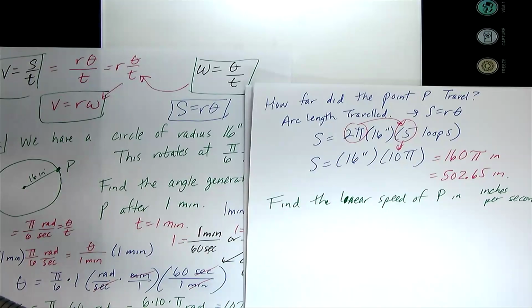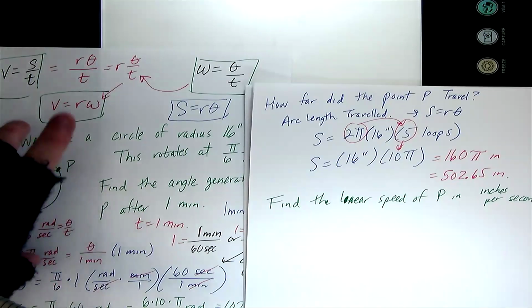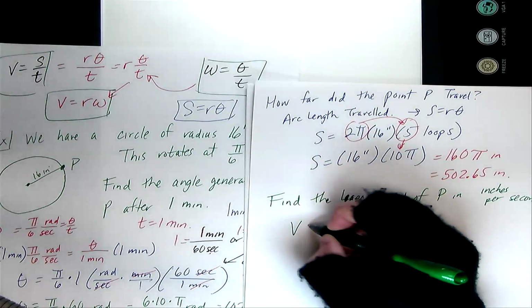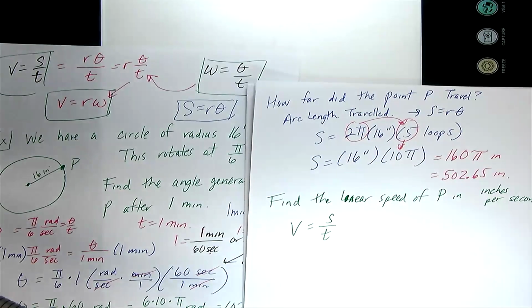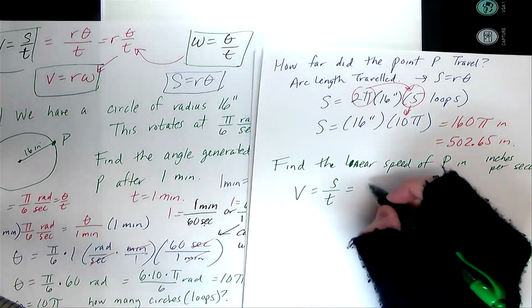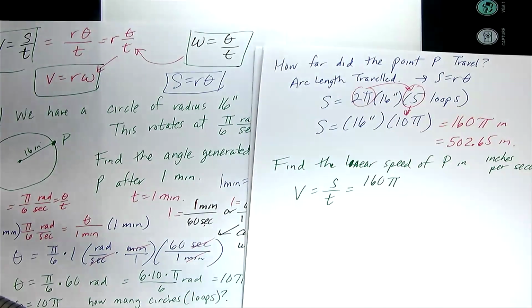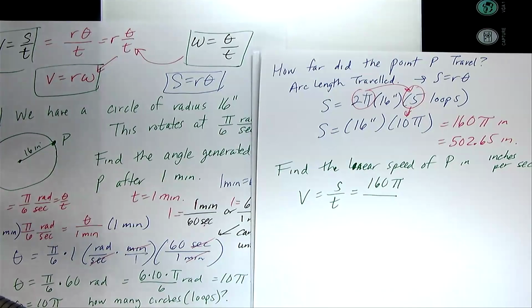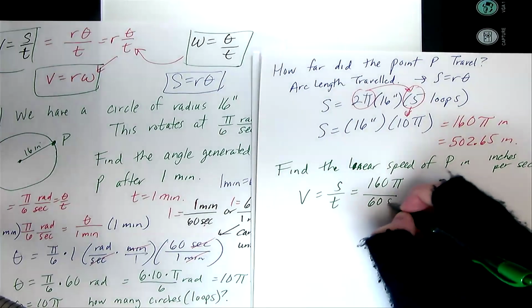Velocity. Which one? Let's do the S over t, that seems like the easiest one to use, because we already calculated S, right? I'm going to use the 160 pi for now. I'm going to do the rounding after I divide by time. How much time did it take to get that 160 pi? It took 1 minute or 60 seconds, right?